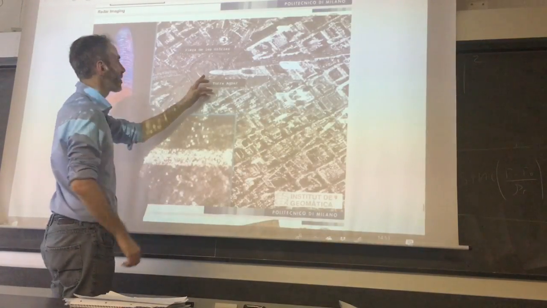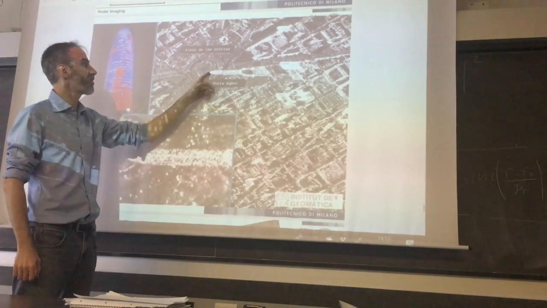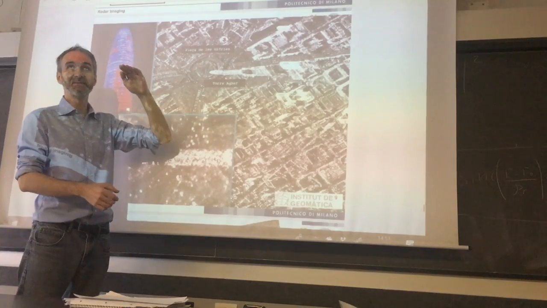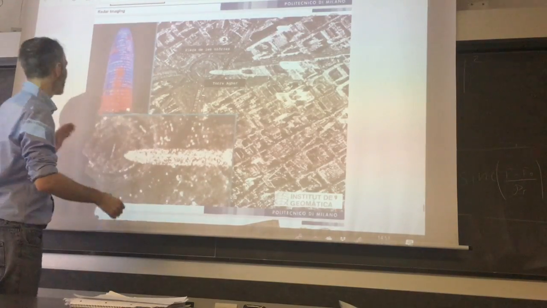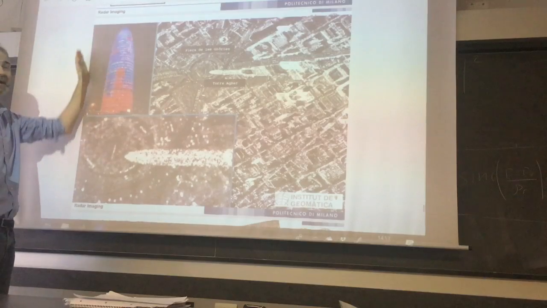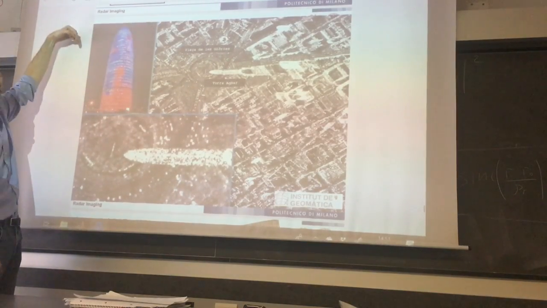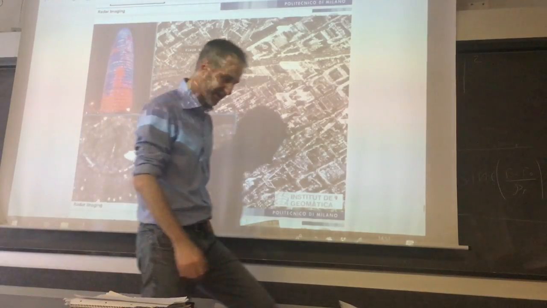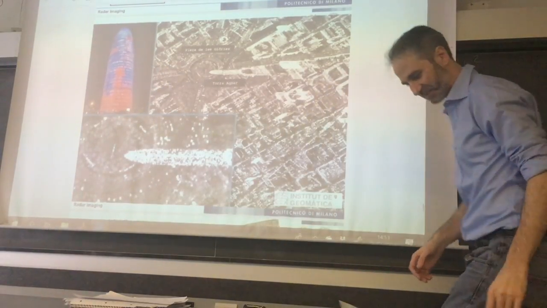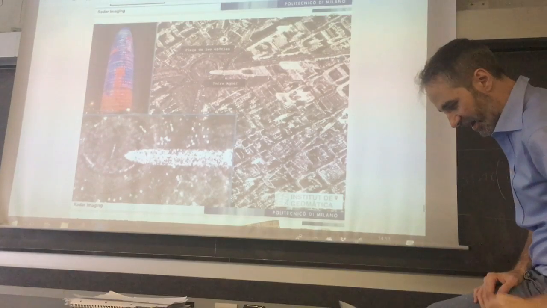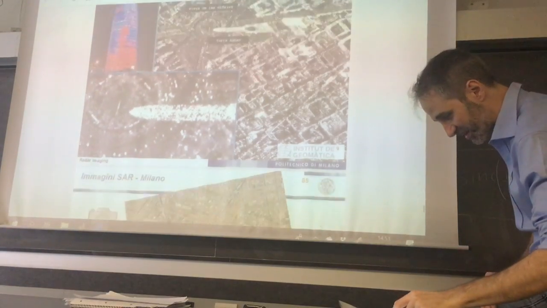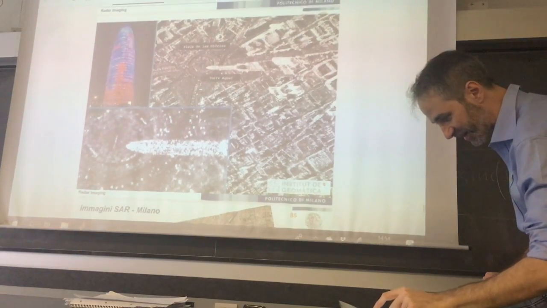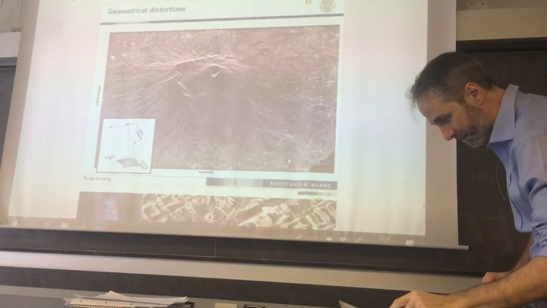And the top of the tower is the closest point. And so the radar is for sure flying this way, or this other way, but in this direction. And okay, so this is a very clear example.